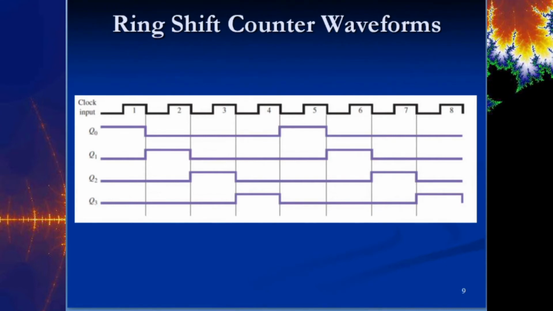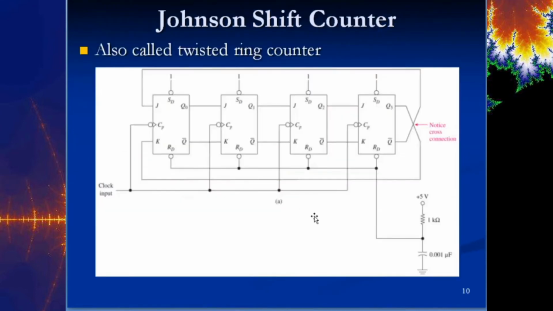Now the Johnson shift counter, also called a twisted ring counter, which I think is more accurate just because of the setup here. If you take a ring counter, and instead of taking the very last Q and feeding it back to the very top J, you cross it. Right? You have this cross connection that comes back down to the K. All right?